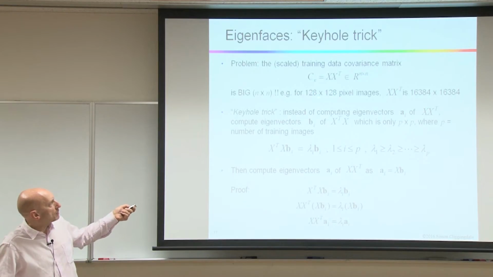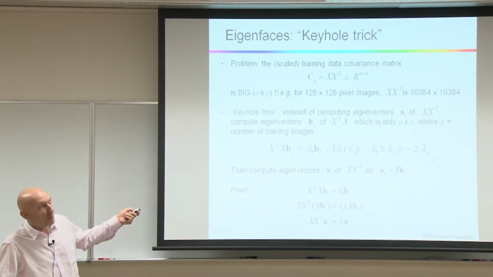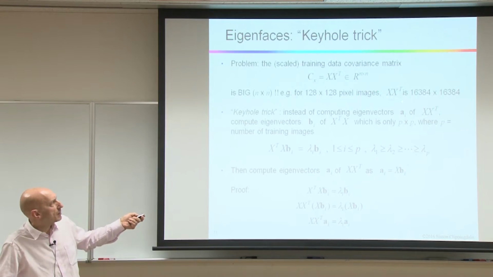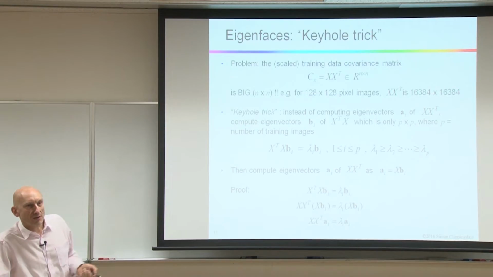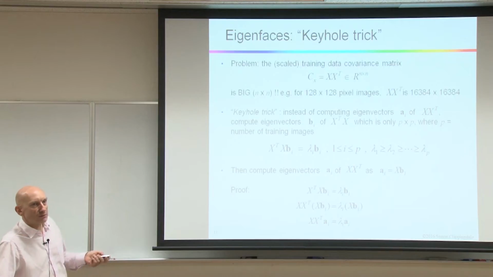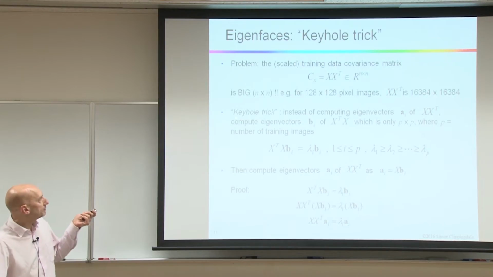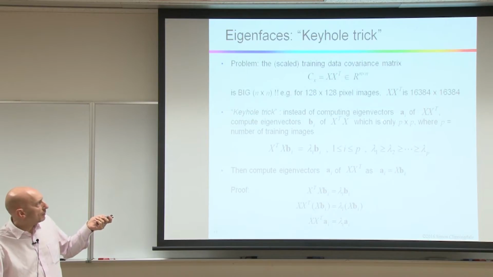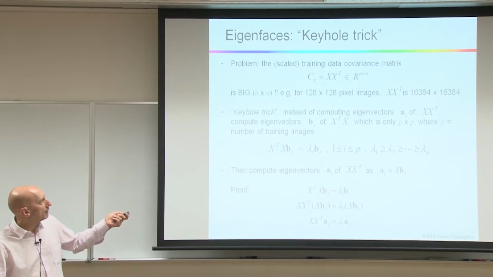For 128 by 128 pixel images, which is not that big, the covariance matrix is this big. And you don't want to be trying to find the eigenvectors of something that big because it will take you all week. So instead of computing the eigenvectors of this thing, you can compute the eigenvectors of this thing.